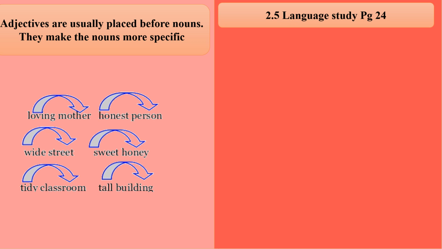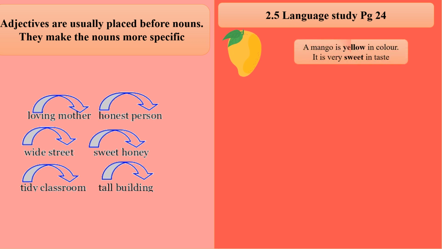Now, if you open your Bal Bharati books to page number 24. Yes, if you read, they have given their describing words. The first picture given in the textbook is of a mango. And what it states?